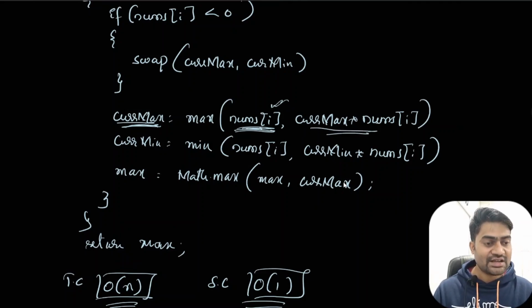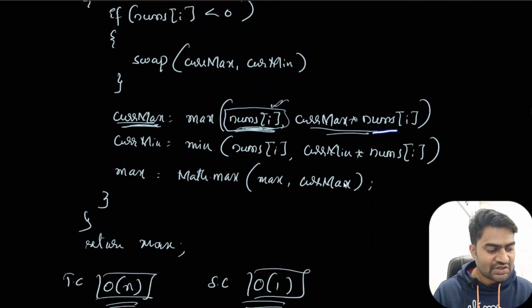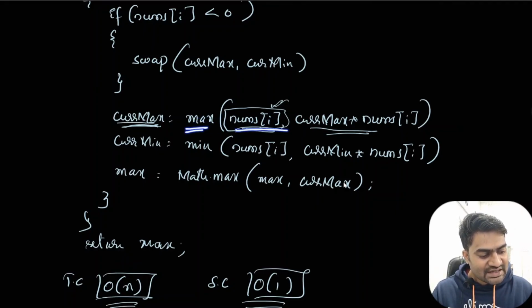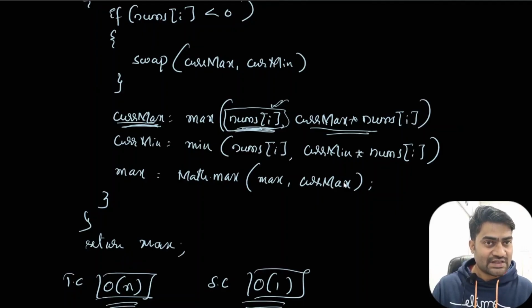What I'm trying to say is, whenever we get a nums of I which is greater than the current max multiplied with this particular nums of I, that is basically whenever we get 0, and after that we start processing another number, that time we will consider this nums of I as our current max. It means our previous subarray got ended there. Now the new subarray starts from that particular number.